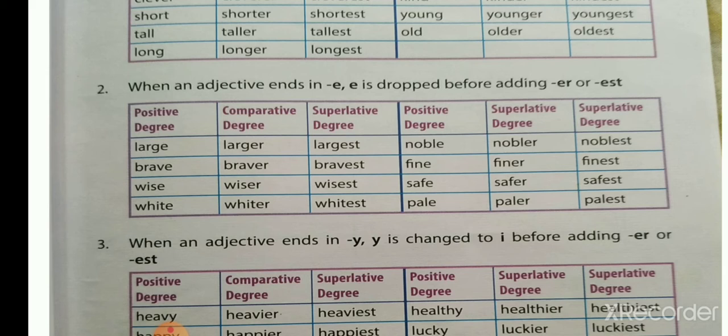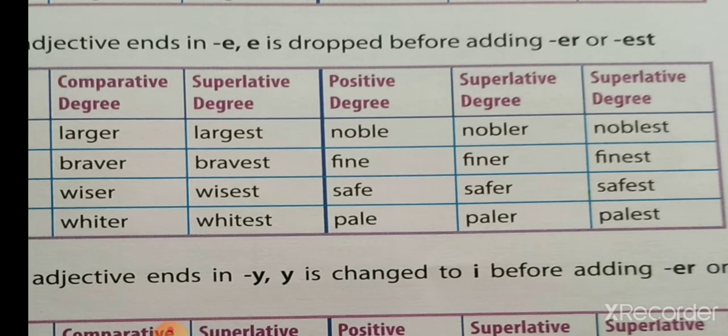Fine, finer, finest. Safe, safer, safest. Pale, paler, palest. Do you observe, children? Here pale, P-A-L-E, the E is dropped and er is added. So, the basic thing is we are trying to make the comparative and superlative from the positive.